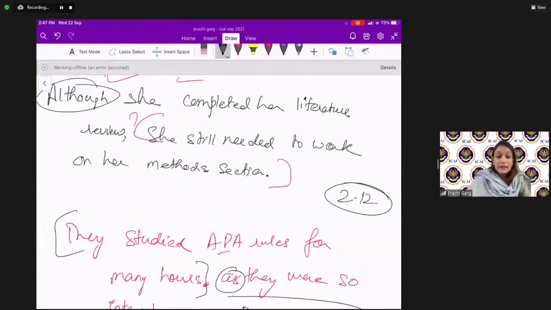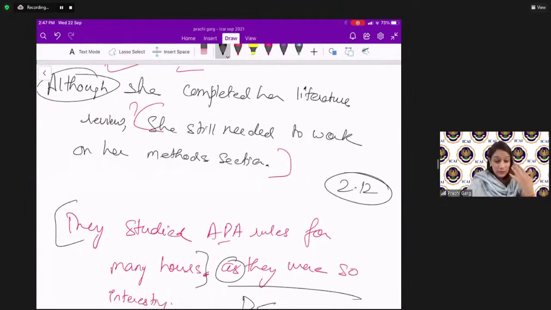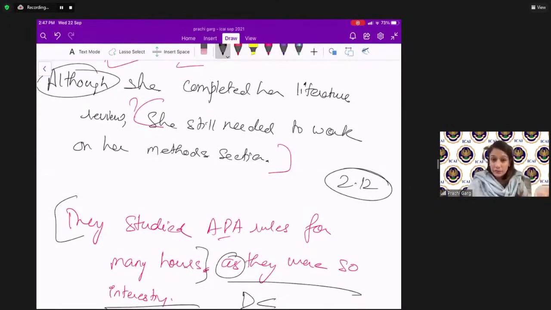It indicates time, place, manner, reason, condition, and concession, right? So after, where, as if, because, although, though. Whenever you see such words, these are the subordinating conjunctions, and automatically you will know one is the dependent clause. Whichever clause starts from a subordinating conjunction becomes a dependent clause.